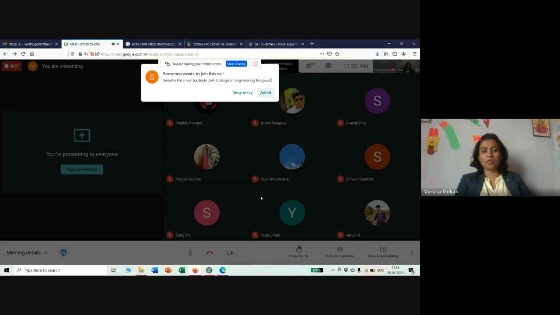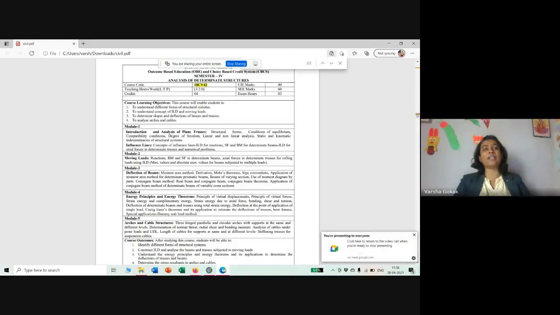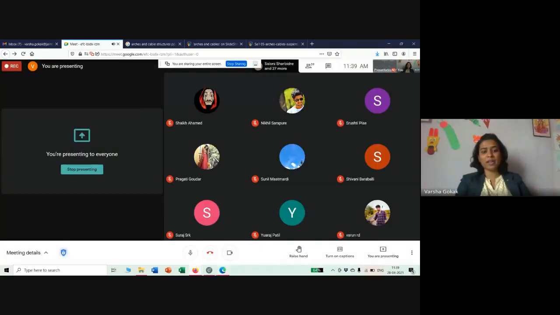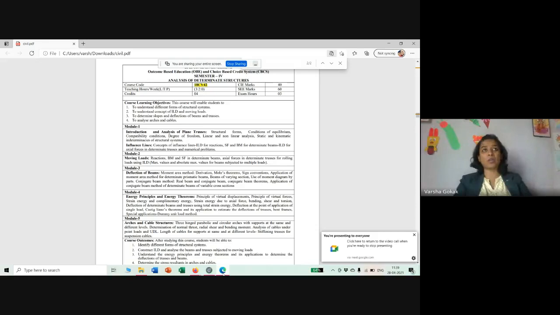When finding the reactions you use summation fx, summation fy, and summation m equal to 0. These three are called the three equations of equilibrium.